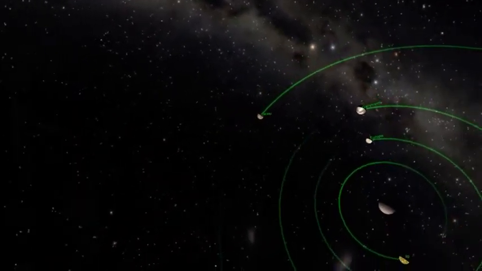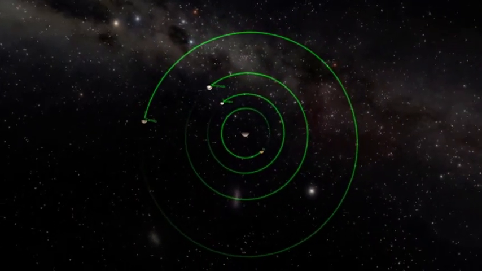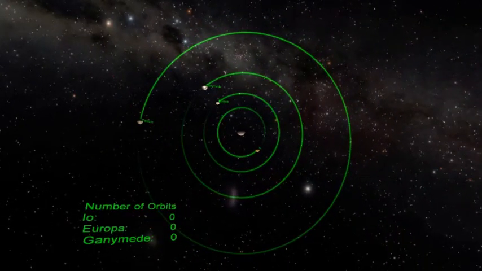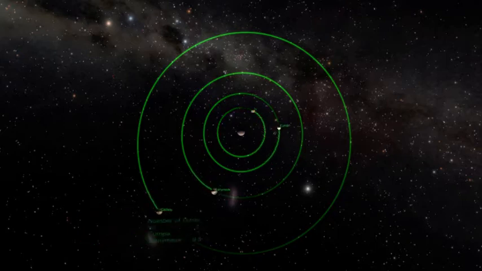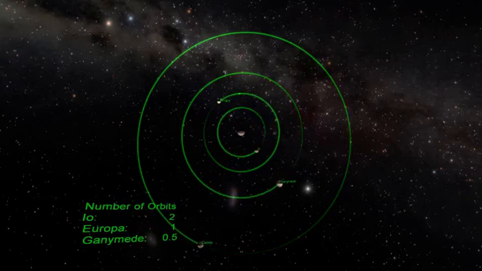So we're moving outwards now to investigate 4 of Jupiter's moons, the Galilean moons. The moon sizes have been blown up by a factor of 20 so that you can see them more easily. And notice that the 4 moons have a counter of the orbits on the lower left. And so as we move through the orbits that each moon completes, you'll see a pattern emerging.